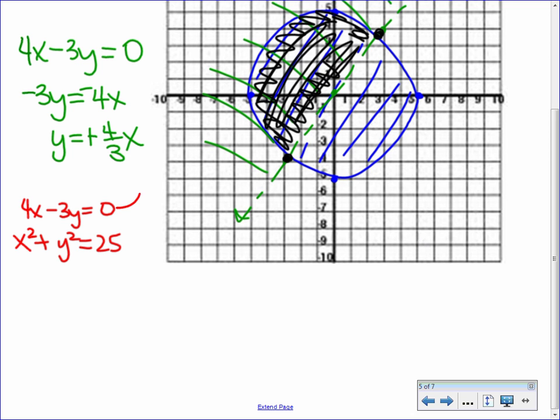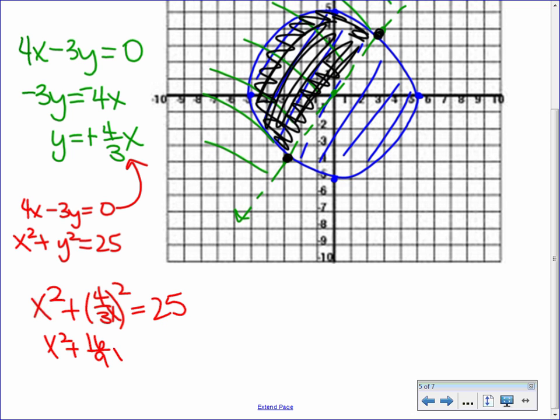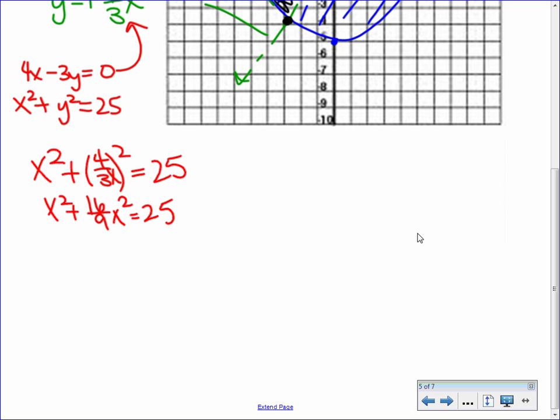We already know y equals this, don't we? So can we say x squared plus y squared equals 25? Which means x squared plus 16/9 x squared equals 25. What's x squared plus 16/9 x squared?